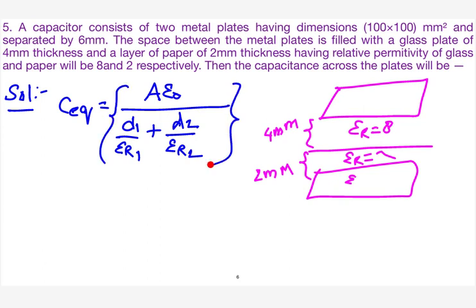You can substitute the values and tell me the answer. Everything is given. A is 100 by 100 mm square and epsilon naught is 8.85 into 10 power minus 12. D1 is 4 mm and epsilon R1 is 8. D2 is 2 mm and epsilon R2 is 2. Substitute the values, everything is given.